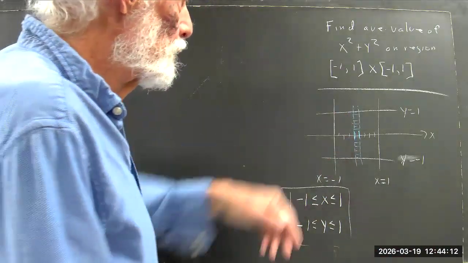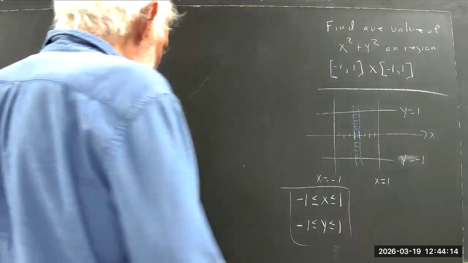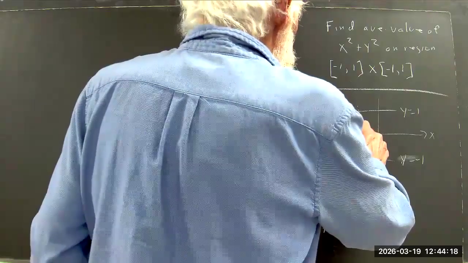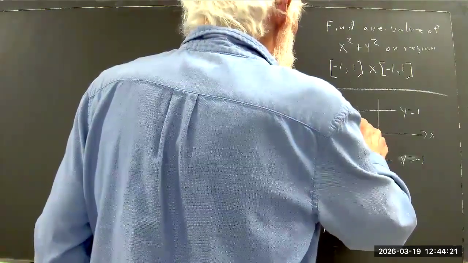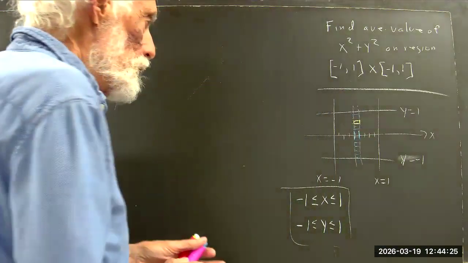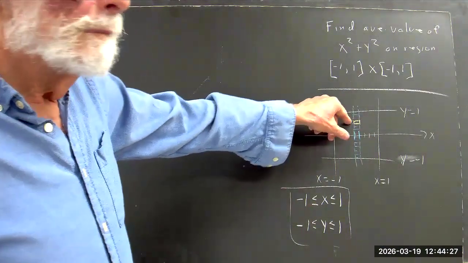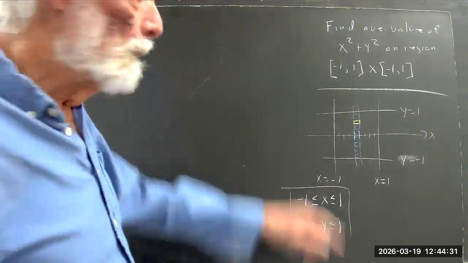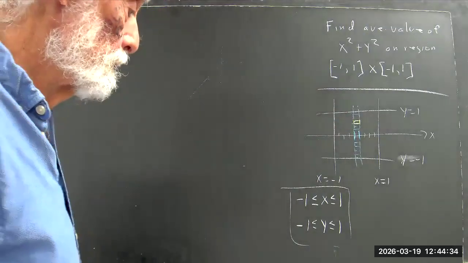Just understand what we're doing here. So what we've got then, we can choose one of the little rectangles that we get, and focus our attention on that.